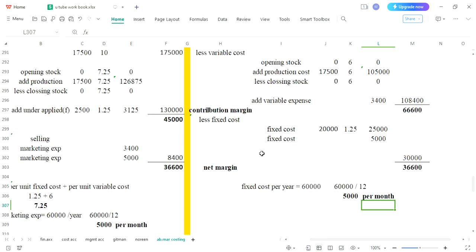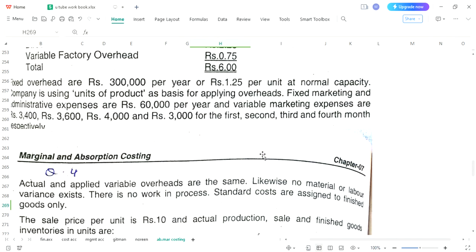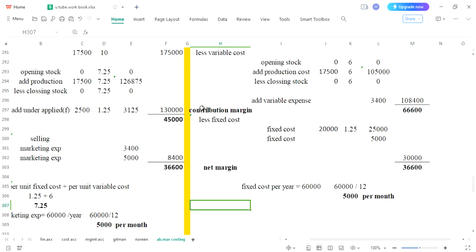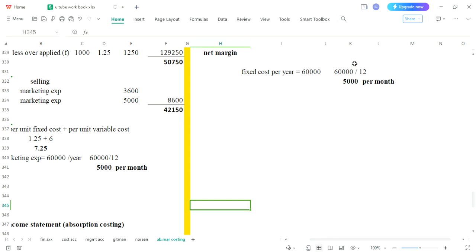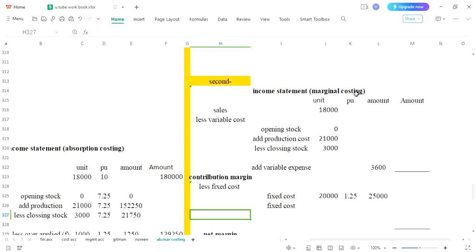And there is another fixed cost which was mentioned over here. Fixed marketing expenses 60,000 per year, since it was per annum and we have converted it to per month. So 5,000 per month we have already mentioned. This was 5,000. So the second fixed cost would be 5,000.